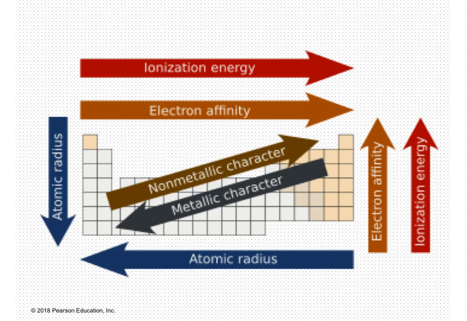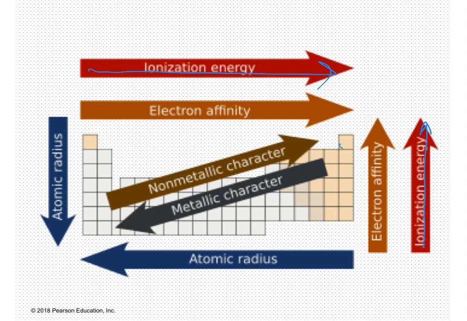Alrighty, here is a summary slide of all of the trends. It's a really handy diagram, and it's one that I might ask you to create on your test. So please do so. It's a good review. Ionization energy increases left to right and increases bottom to top.